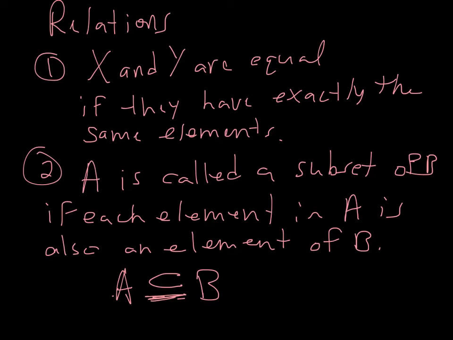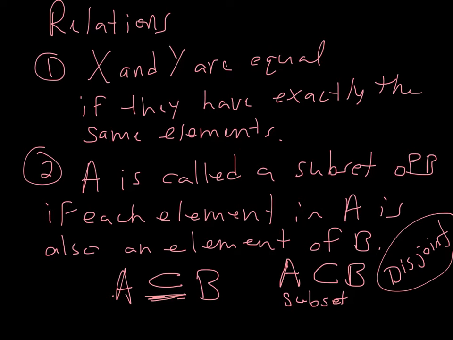So if A was a smaller subset of B, which we knew did not contain all the elements, we might write it like this. A is a subset, but not equal to B. Here with the line, it could be equal to this one, but this one is strictly smaller than B. And there's one final thing: if two sets have no elements in common, we use the word disjoint.